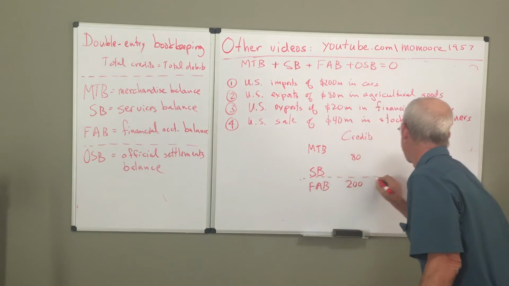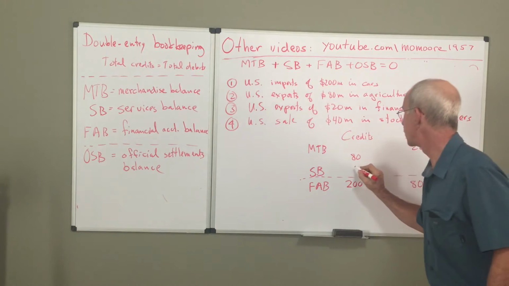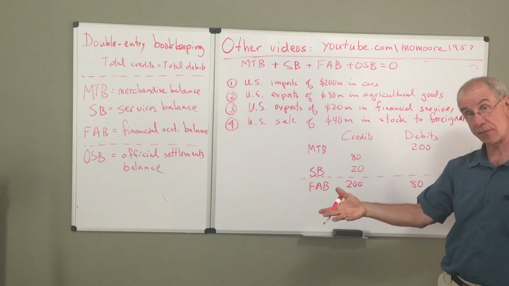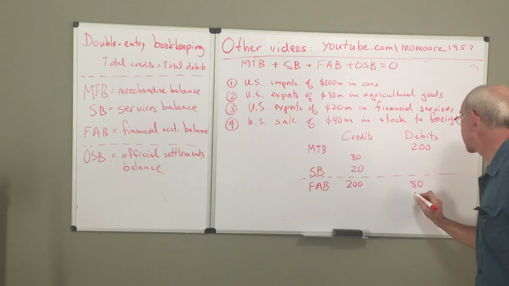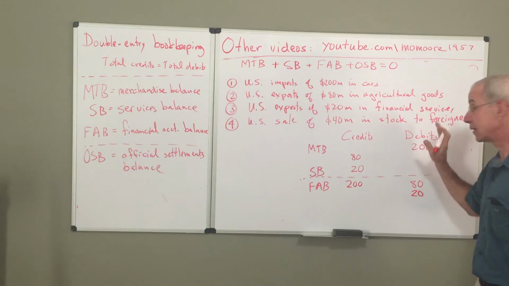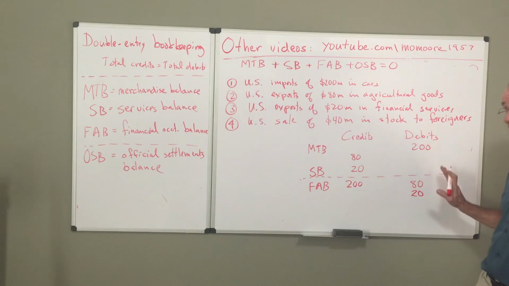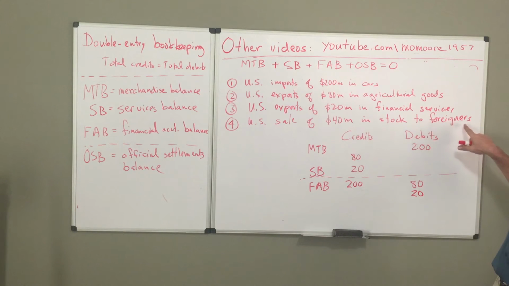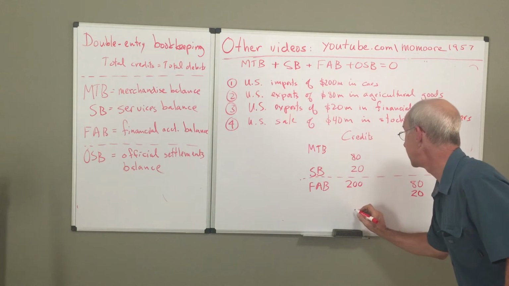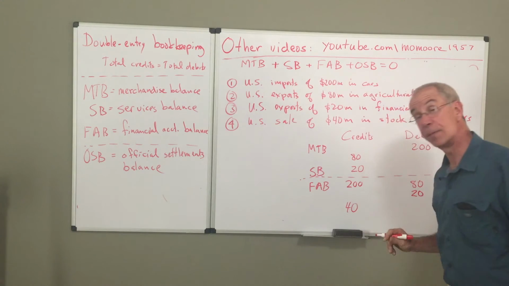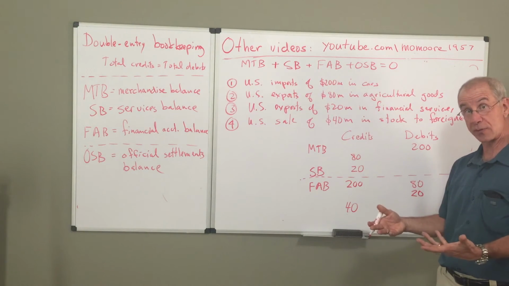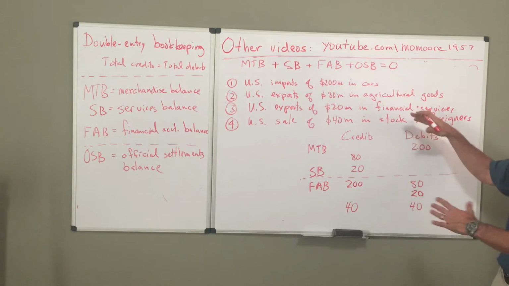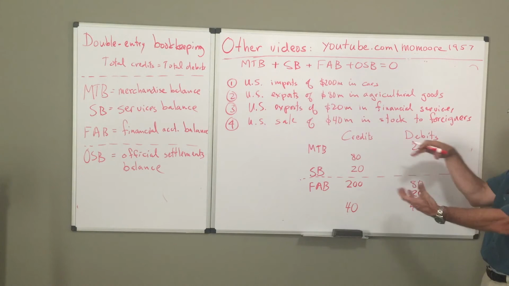That is going to show up as a $20 million credit for the exportation of the services, and the importation of the check to pay for it is going to be on the debit side. The U.S. sale of $40 million in stock to foreigners is going to be a $40 million credit by the actual export of the stock, the payment for which is 40 on the debit side. So far, just debits and credits.